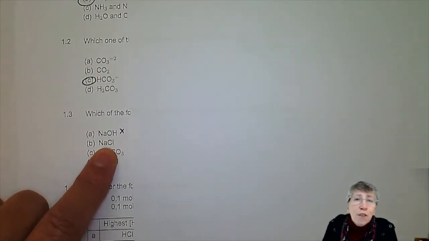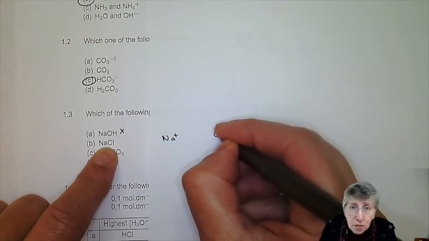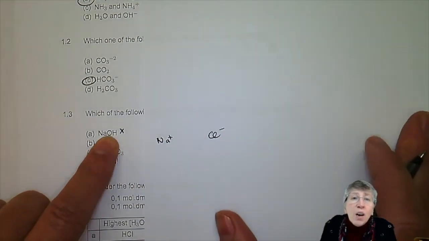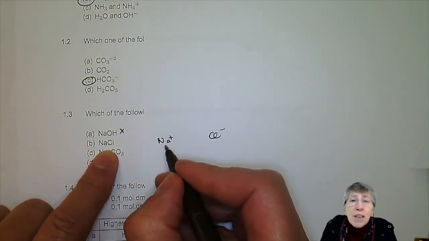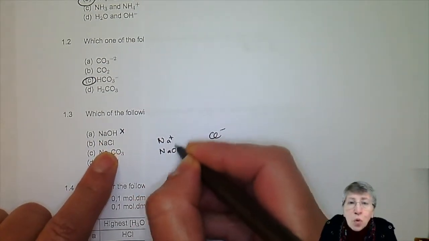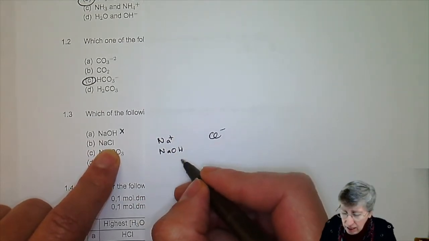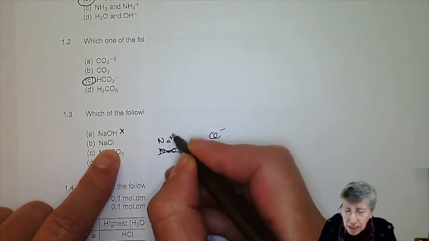Now let's take the first one there. We have sodium ions and we have chloride ions. Where can the sodium come from? That could have been from sodium hydroxide, but what do we know? That is a strong base and it will choose to be dissociated.